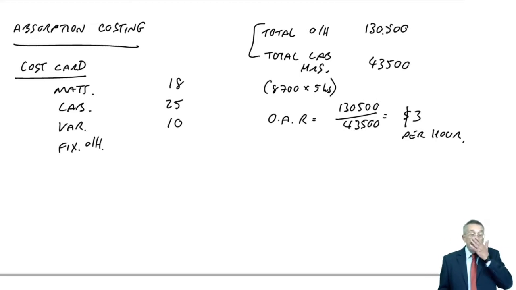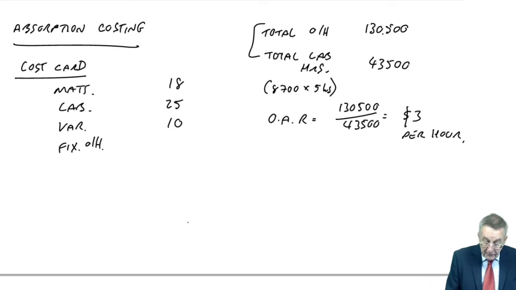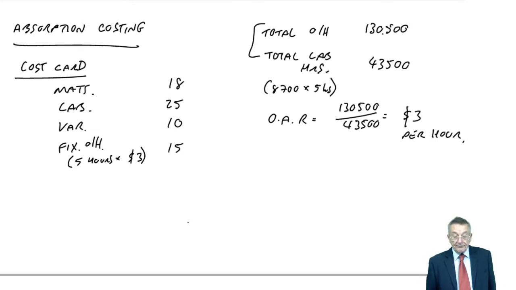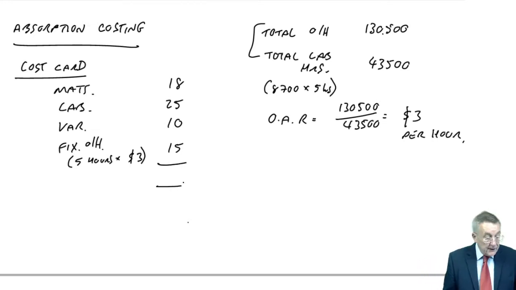And so if they're absorbing on the basis of labour hours, the fixed overheads, each unit was taking 5 hours of labour, and therefore at $3 per hour, it would be 15 a unit. So the absorption cost, the full cost, 18, 25, 10, 15, is 68.